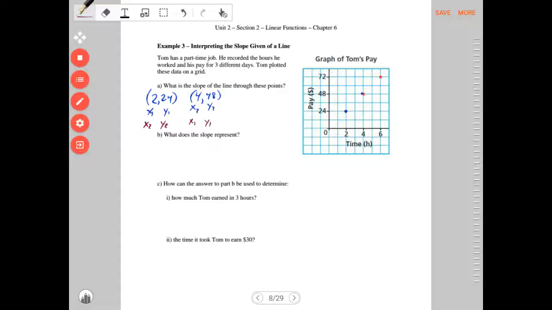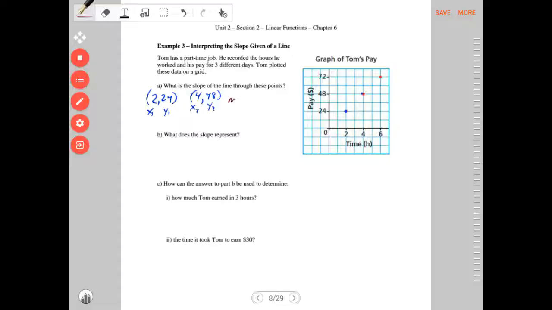It doesn't matter as long as you put the 1s and the 2s on the same point. So you can never have x1, y2. It just doesn't work that way. I like to label the first point with the 1s because they're first. So x1, y1, x2, y2.